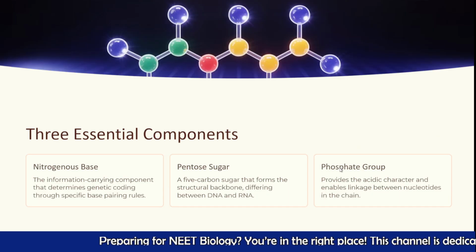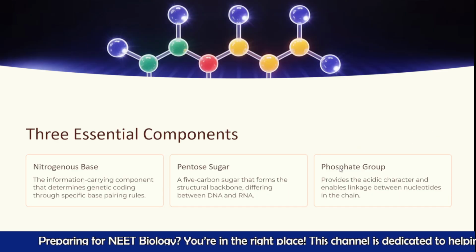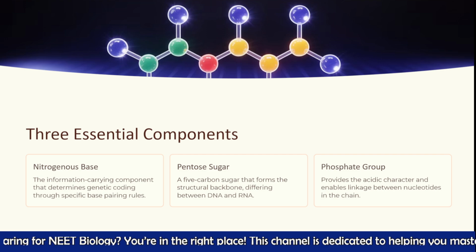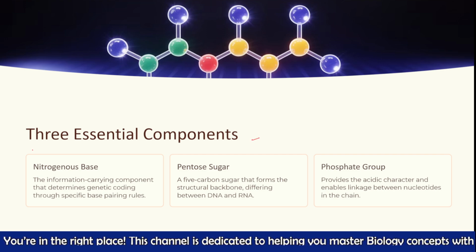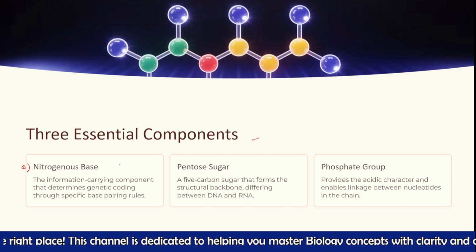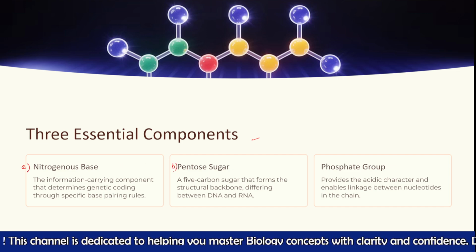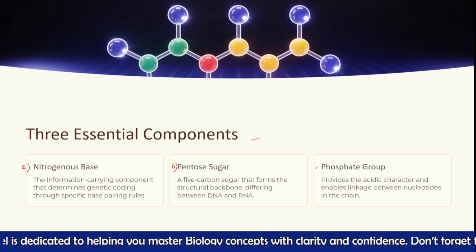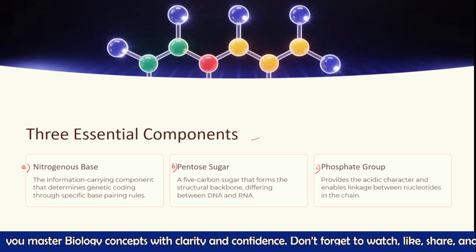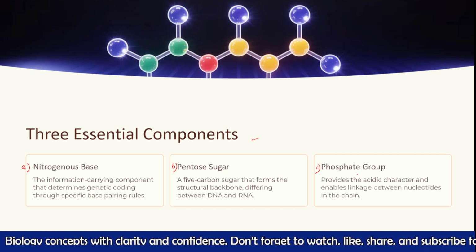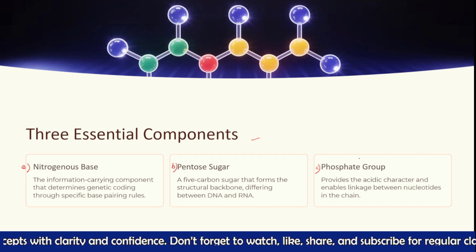Nucleotides are the basic building blocks of nucleic acids, and these nucleotides are made up of three components. The very first is the nitrogenous base, second is pentose sugar, and the third one is the phosphate group. These three components join together to form a single monomer called a nucleotide.